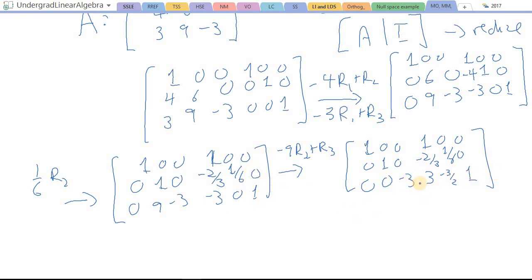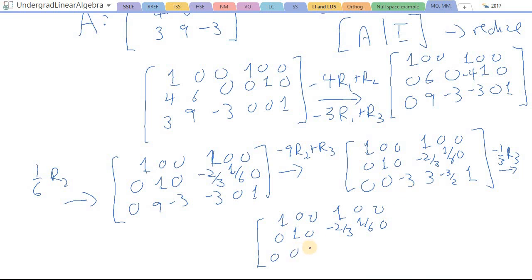Okay. Not quite done. We need to take care of this minus 3. So my last one is going to be minus 1/3 R3. And that's going to give me, finally, 1, 0, 0, 1, 0, 0. 0, 1, 0, minus 2/3, 1/6, 0. Sorry about the sloppy writing. And this is 0, 0.